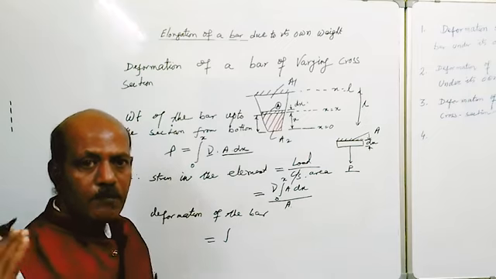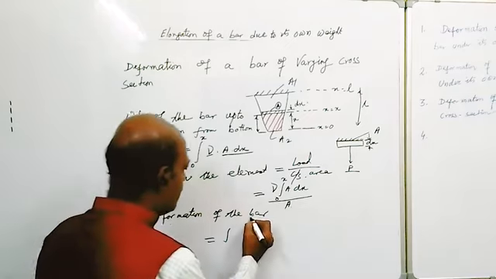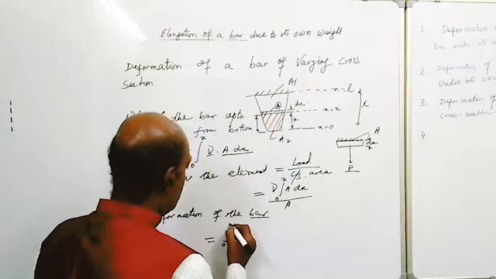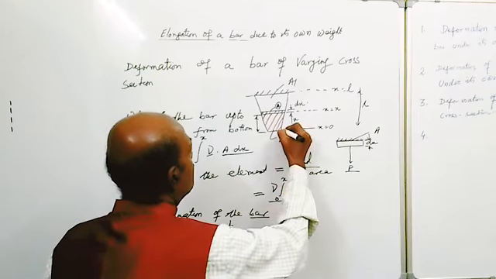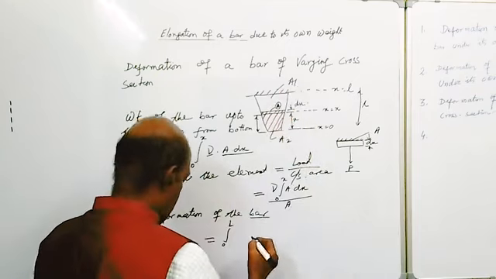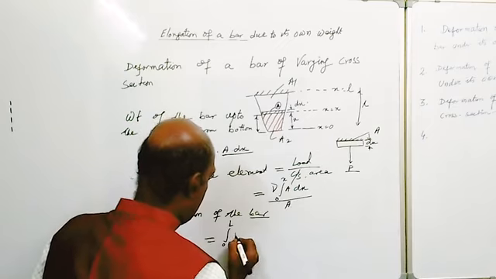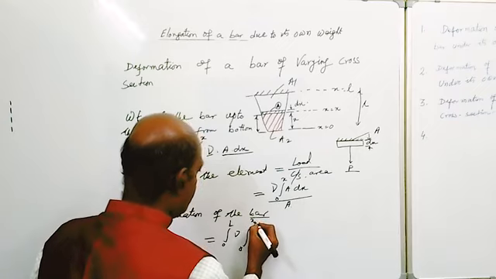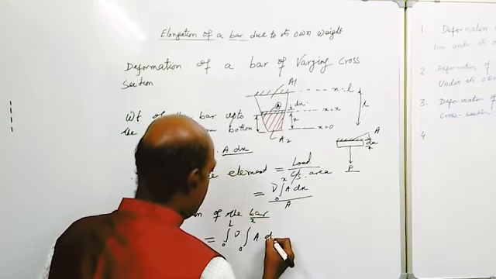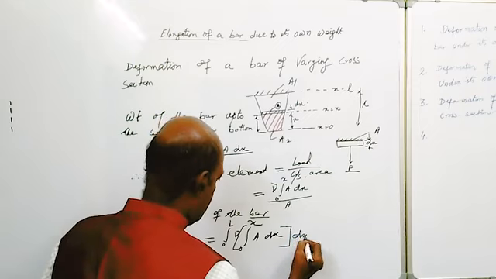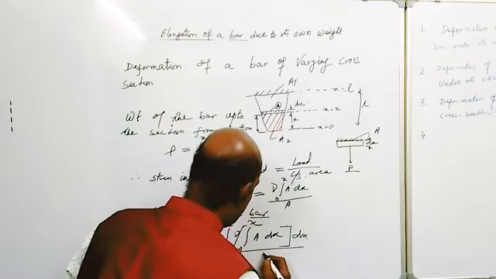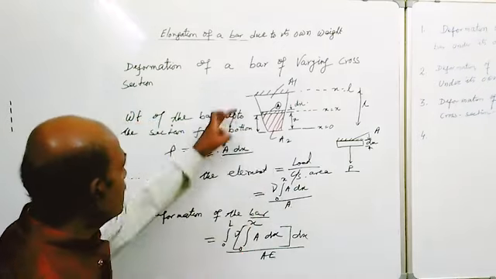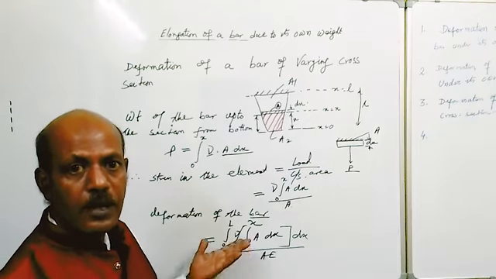the total deformation of the bar is given by integration 0 to L, that is from this point to this point, gamma integration of 0 to x A dx, divided by A into E. This is the total deformation produced in this bar of varying cross section.